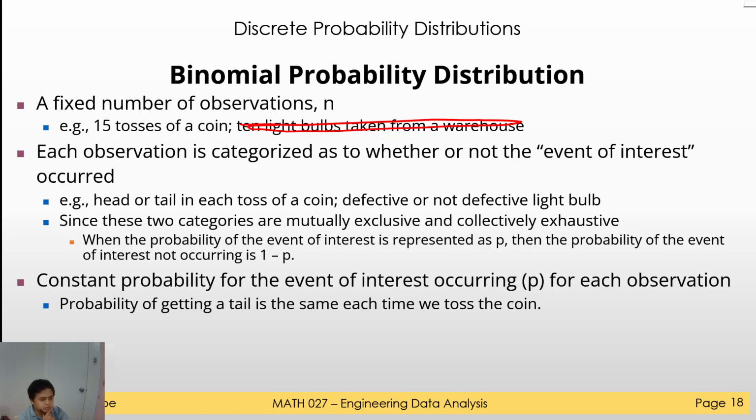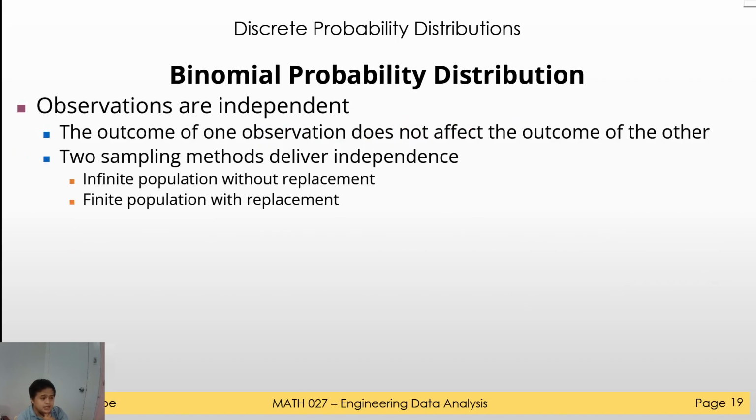There is a constant probability of the event of interest for each observation. Let's say we want to figure out the success rate of tossing a coin 5 times. How many tails is that? We can let P be the success rate of having a tails. That will be 50%, since tossing a coin is 50-50 if it is a fair coin.